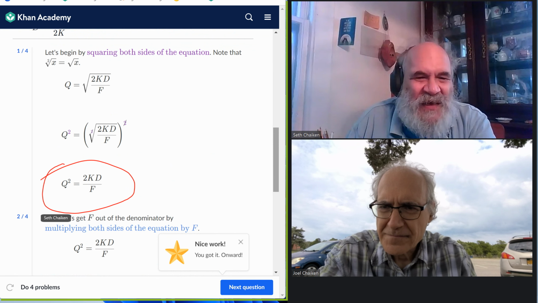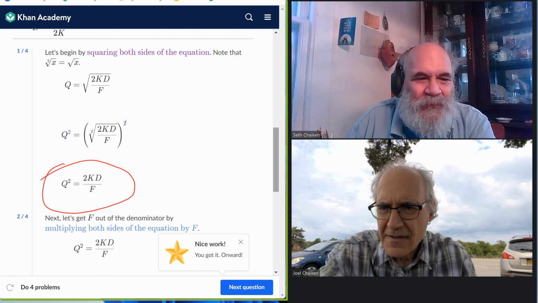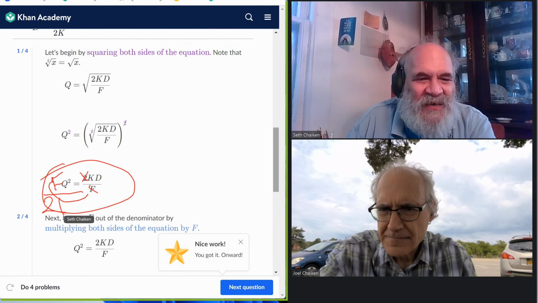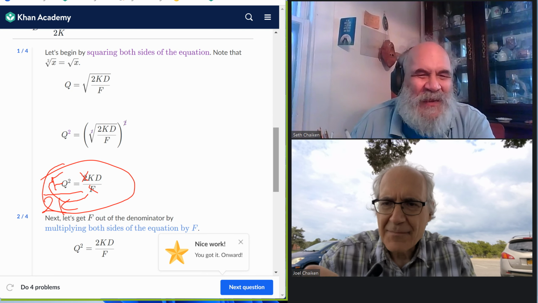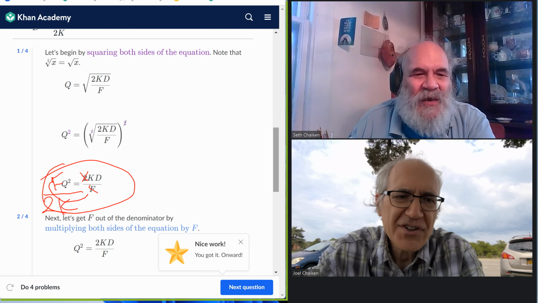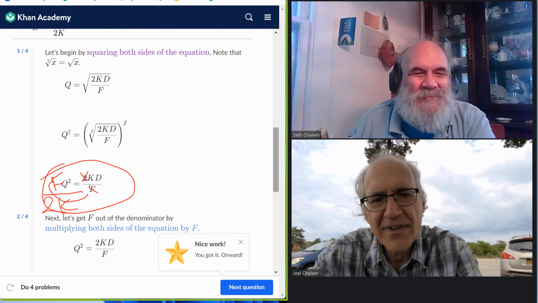Once you get this, you could then get the D by moving the F here, put the 2 in the denominator, and put the K in the denominator. And recognize the choice. Once you do that, you could just look at the two only obvious choices.